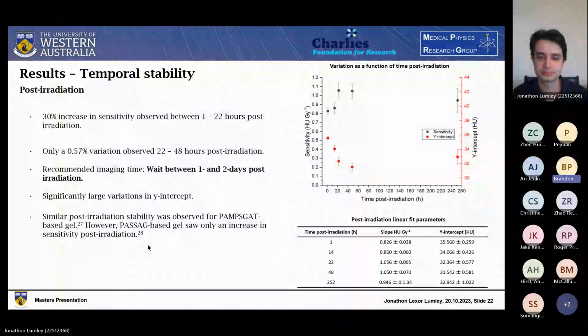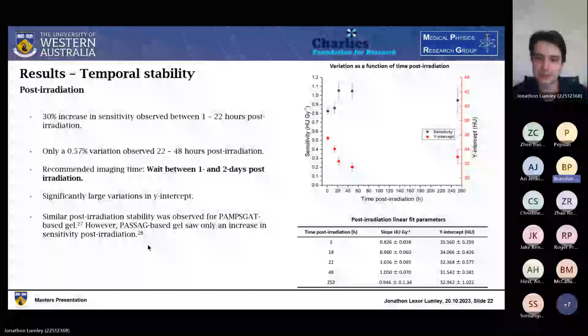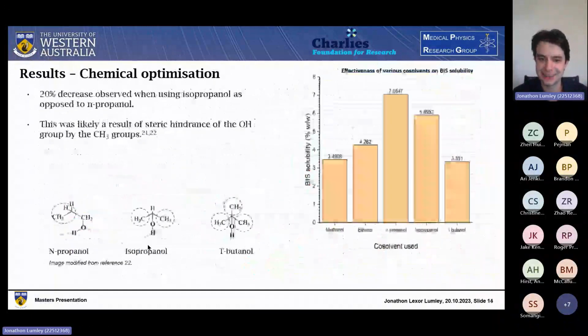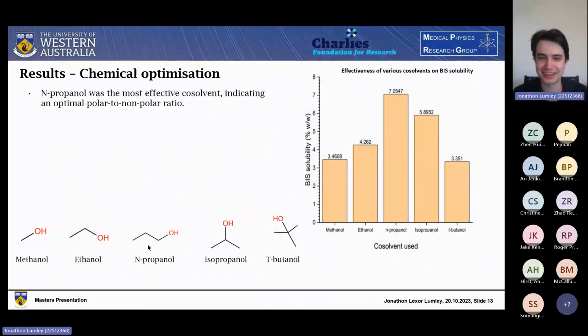Just the last one. Just a general question about the making of the gels. How did you find the process of making the gels? Did you find it a bit tedious, or pretty easy going? What was your experience with it? Yeah, initially it was a bit of a challenge. I haven't done chemistry in quite a while.